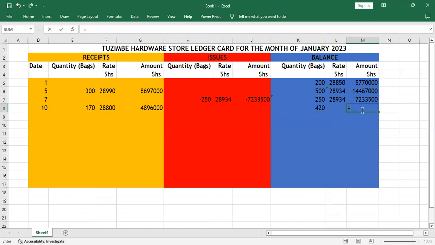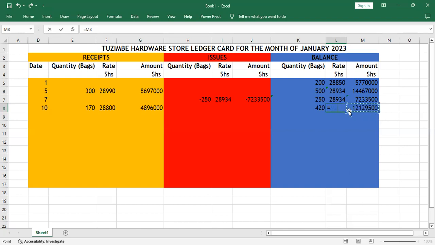Then the amount balance will also increase. We get the 7,233,500 plus the 4,896,000, giving us 12,129,500, and our average price is determined by getting the cost of goods available for sale divided by the number of units available for sale.